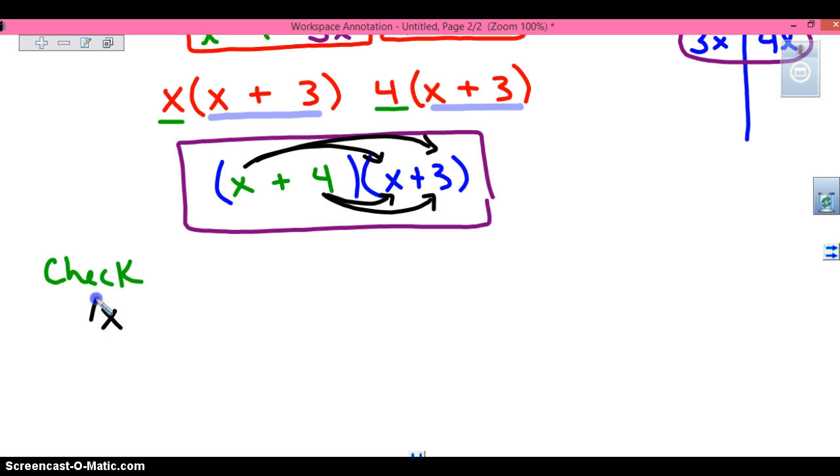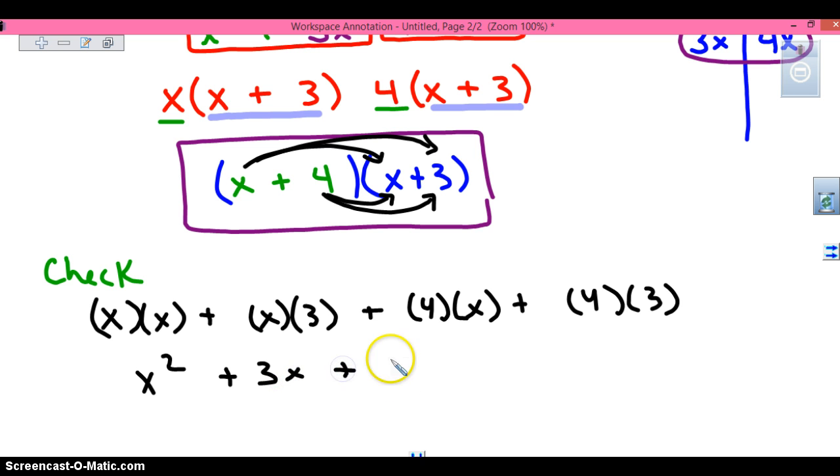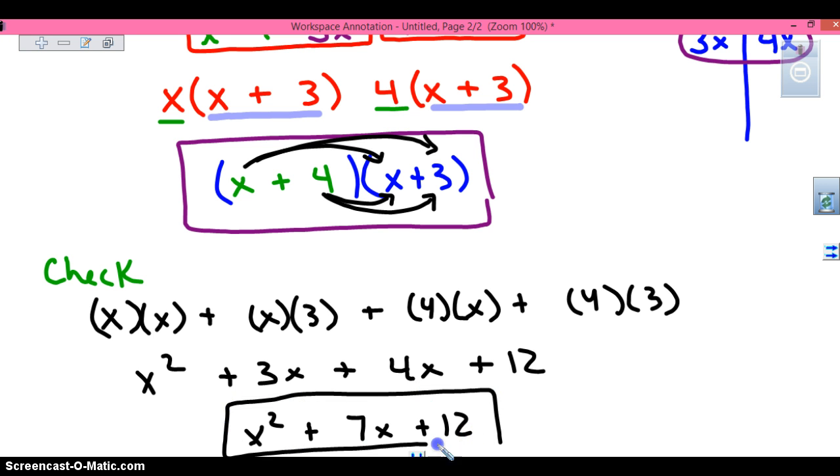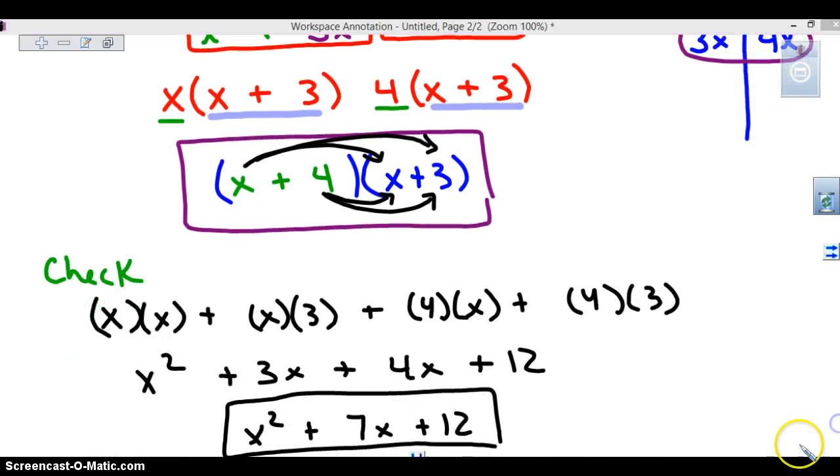So x times x plus x times 3 plus 4 times x plus 4 times 3, x squared plus 3x plus 4x plus 12, x squared plus 7x plus 12. Did I get exactly what we had started with? Yes.